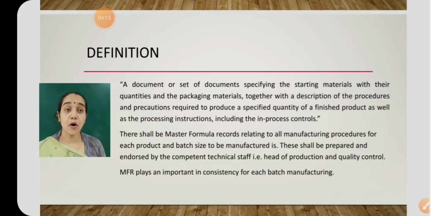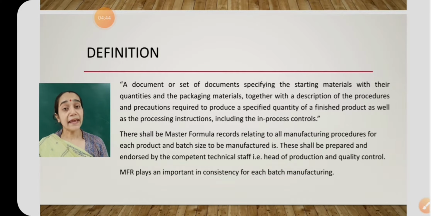It will contain all the descriptions of the procedures and precautions which are required for a specified quantity of the finished product to be formulated. It will contain all the instructions on how it should be handled, how it should be formulated, how it should be used. All these processes should be justified and specified in this master formula record, and it will include all kinds of in-process control.